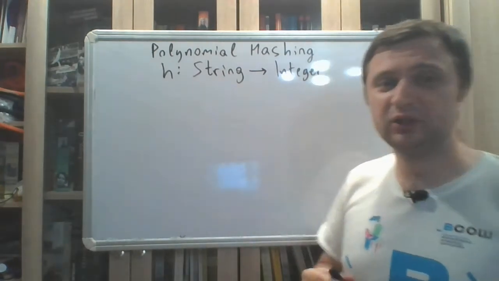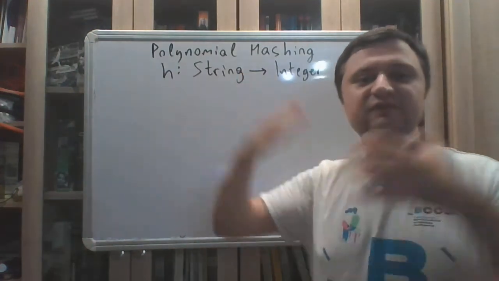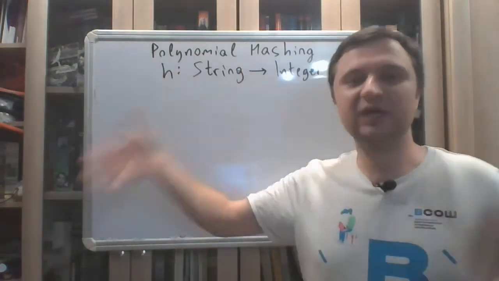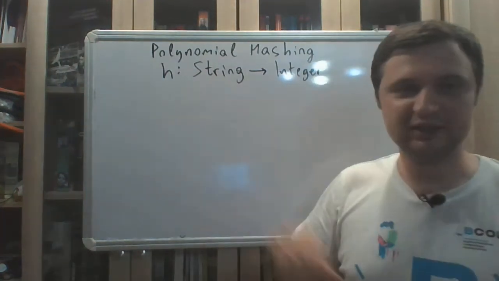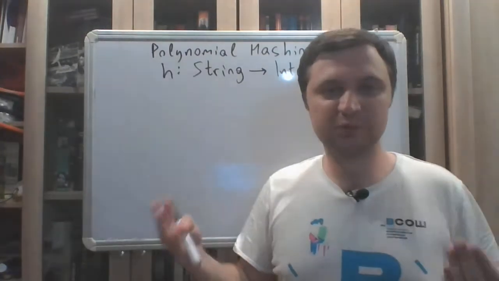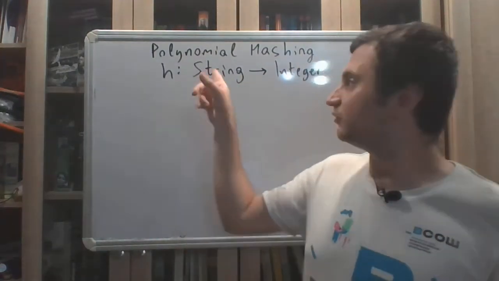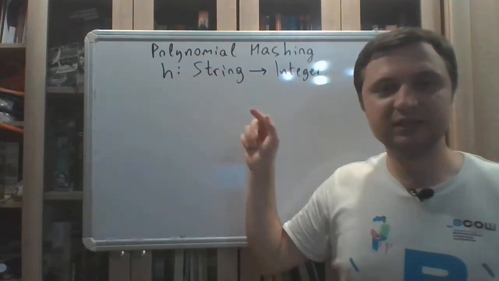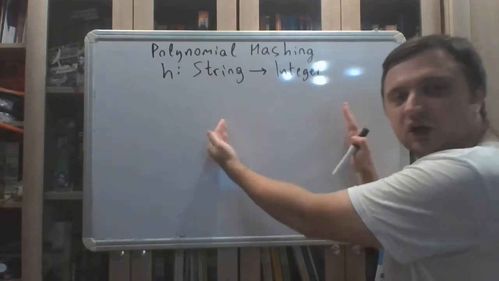Otherwise, for example, you can just consider your string as a very long number and say, okay, this is the integer that is a hash of my string. It's not something mathematically smart, it's just a formal procedure. You say, okay, here is a wonderful mapping from strings to integers. But in this case, these integers have a huge length.